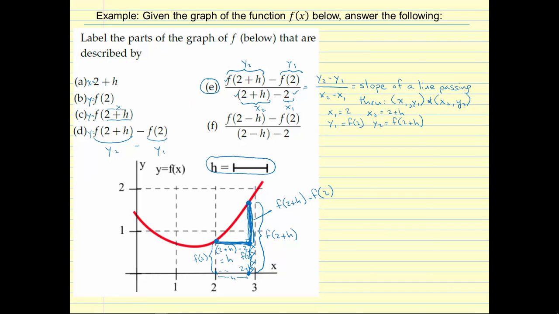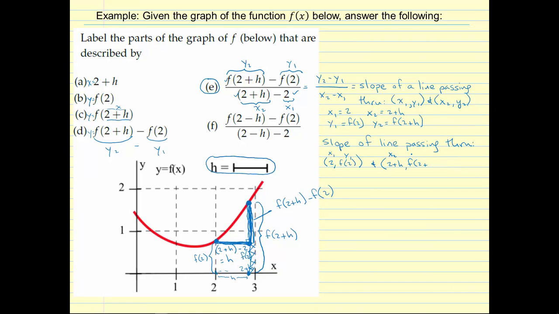So what this is basically is the slope of the line passing through the x1, y1, which is 2 comma f of 2. That's our x1, y1. And x2, y2, which is 2 plus h and f of 2 plus h.